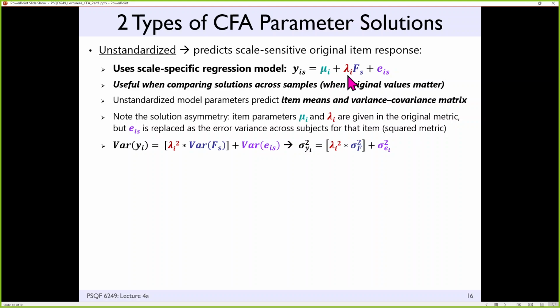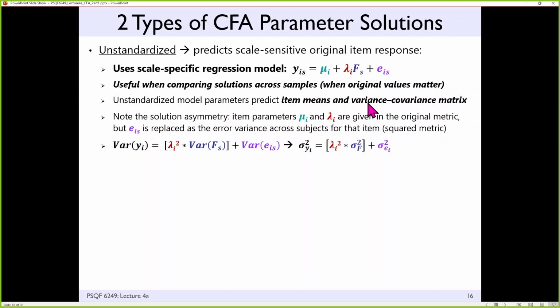If the loading is 0.2, that could be stronger than 2, depending on the standard deviation of these variables. The original unstandardized solution is useful when you're trying to compare across samples. So if you're interested in whether your item is equally discriminating in a new sample as an old sample, or for this type of population versus that type, then we need the original values.